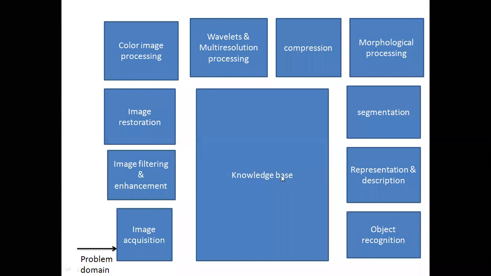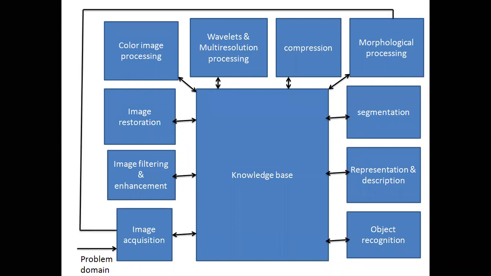It will be called the knowledge base. Each module will access the knowledge from the knowledge base. If you need to perform color image processing, or segmentation, the required knowledge will be present in the knowledge base. So everything is connected to the knowledge base.